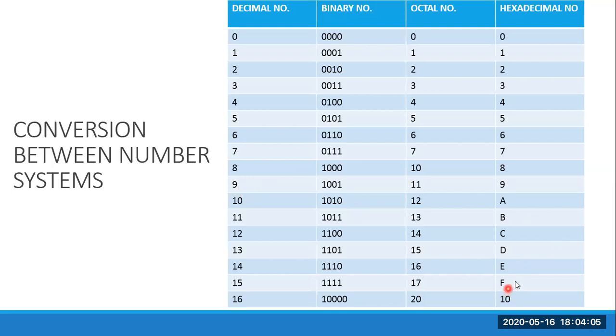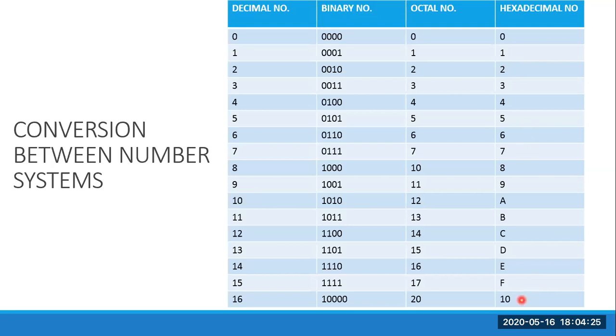After F, you do not have any new numbers or symbols for the hexadecimal number system. Hence, you will have to now keep 10, where after 0, 1 is the smallest number, so 10 comes at the next position.